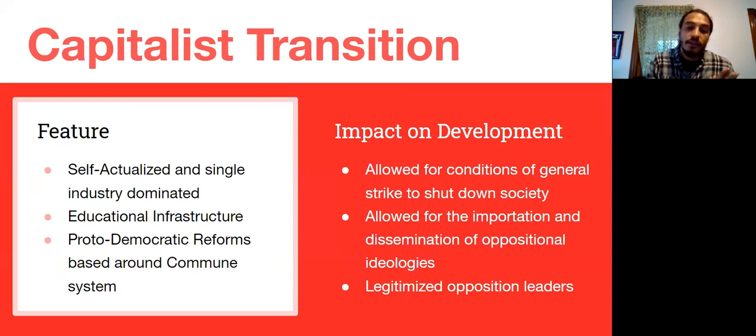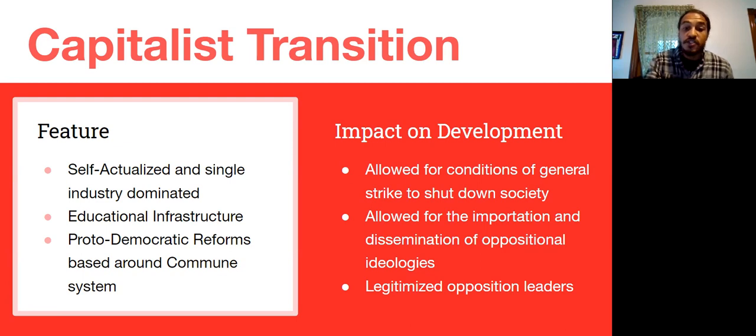And the way that you can see these things play out throughout the history of Russia is that once they had become dominated by this single industry, a general strike started. And it really wasn't a general strike until the railroad got involved. Because the railroad was so central to their entire economy, once the railroad workers quit, nobody else could work. So they just joined the strike anyway.